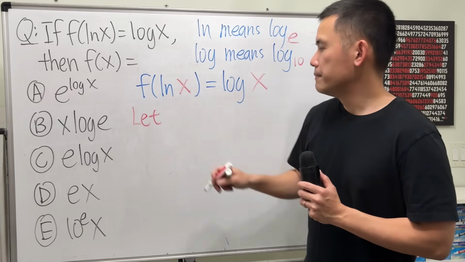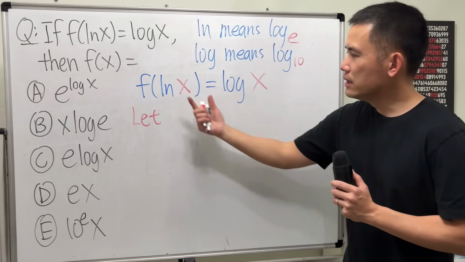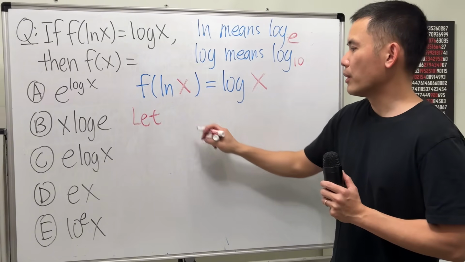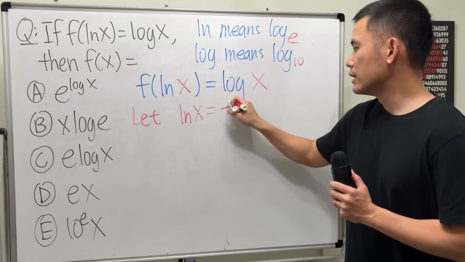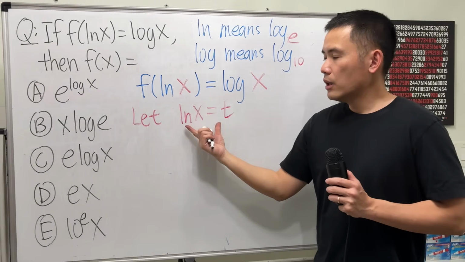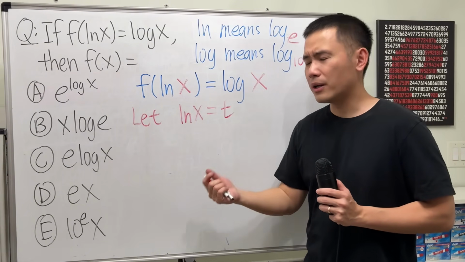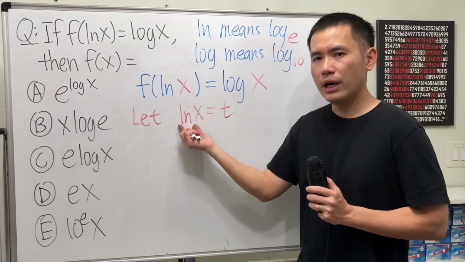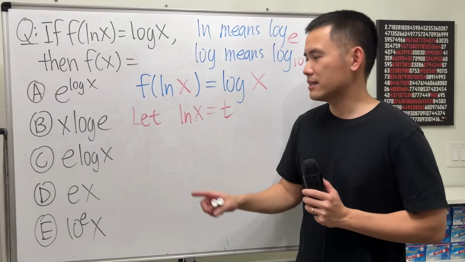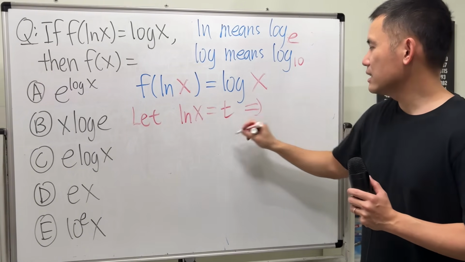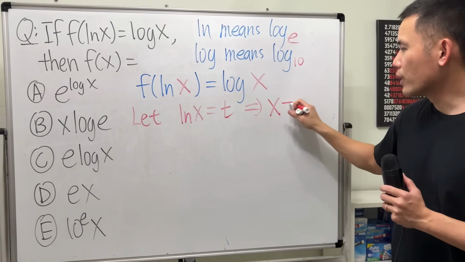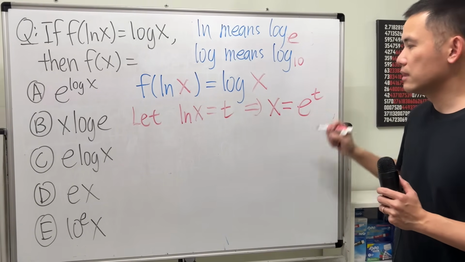Let, I want this to become just a variable, right? So I'll just say let ln x equal some variable t. Once we have this, we will have to think about how can we undo the ln. And the answer for that is e to the power, right? So this means x, if you want to get that by itself, we will get e to the t.